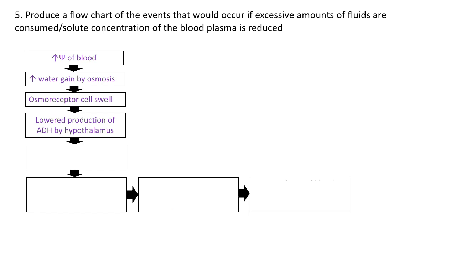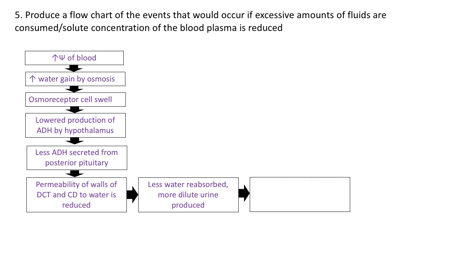That would lower the production of ADH by the hypothalamus, so less ADH is secreted from the posterior pituitary. So if you've got less ADH, a lower concentration of ADH in the blood, permeability of the walls of the distal convoluted tubule and collecting duct are reduced. You get less water reabsorbed, more of it stays in the filtrate and produces dilute urine, and then the osmolarity of the blood is able to return to optimum, to normal.